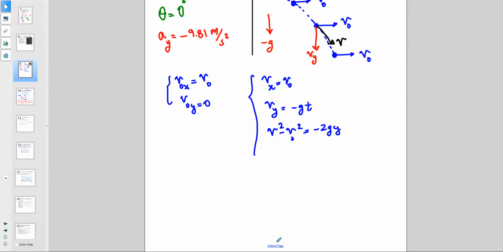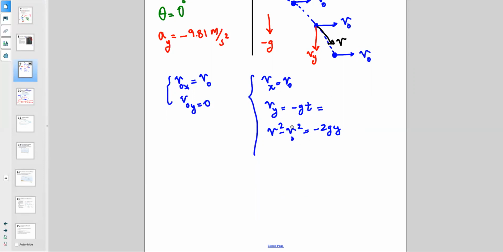So these are just velocities. What else did we have? Along the x, it's the same, doesn't matter which point, it always has v0. Along the y, I can also write it down like this.